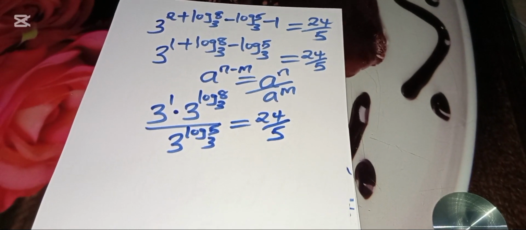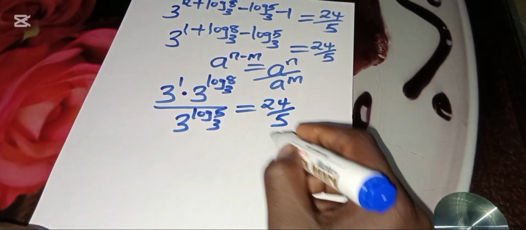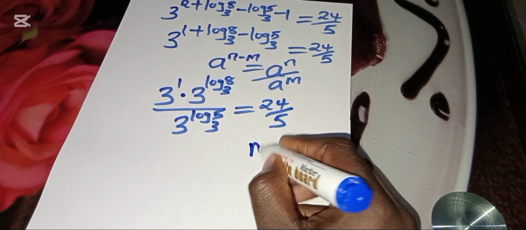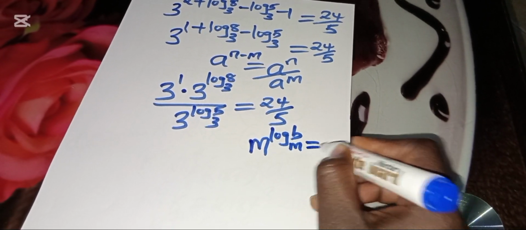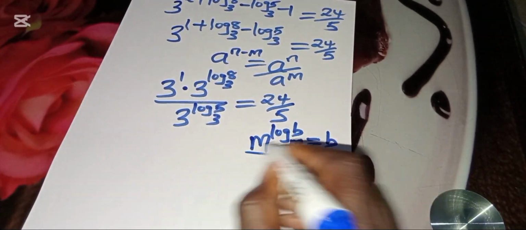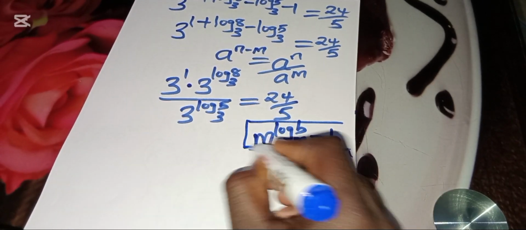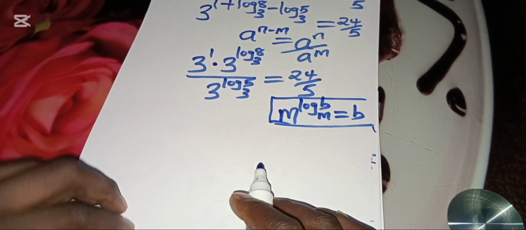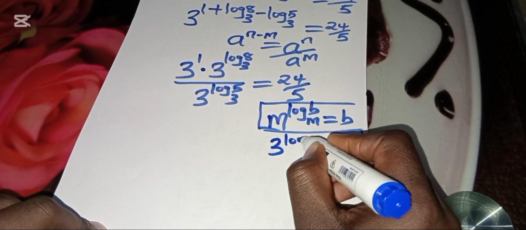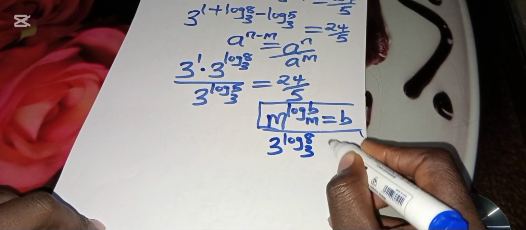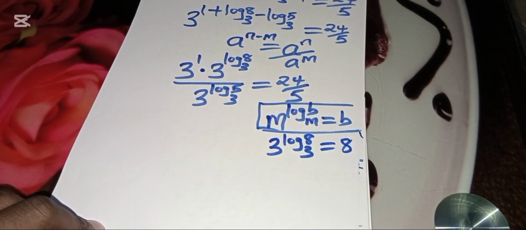Okay, so let's see how it goes. For instance, if you're given m raised to power log b to base m, this essentially gives you a value of b. So let's apply this approach. 3 raised to power log 8 to base 3 is supposed to give us a value of 8.